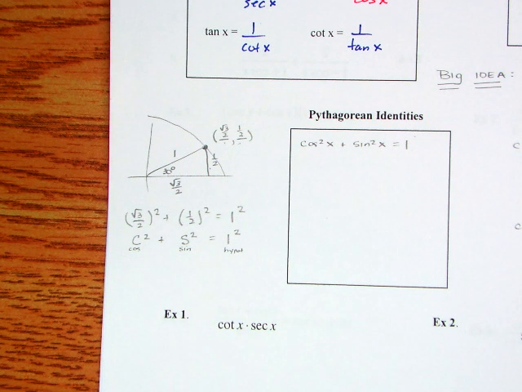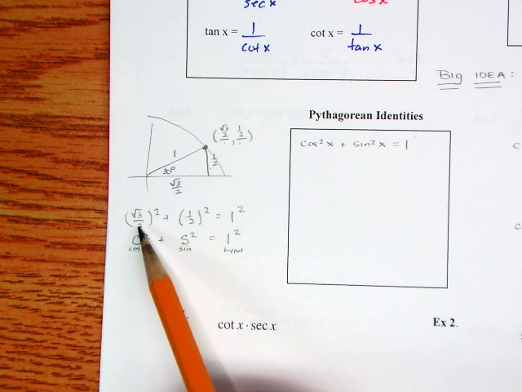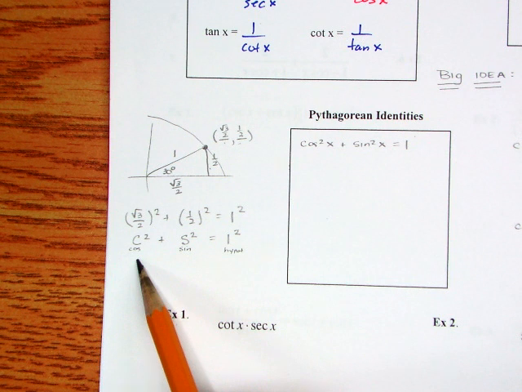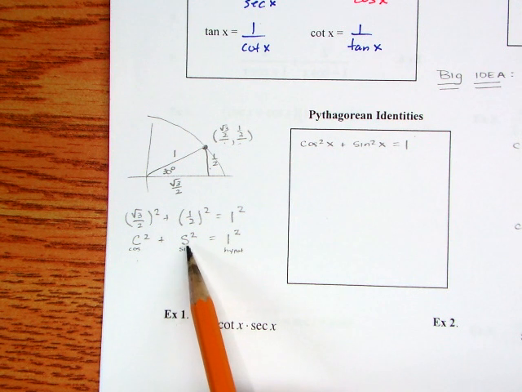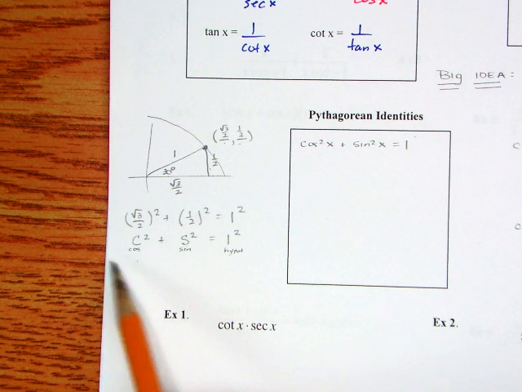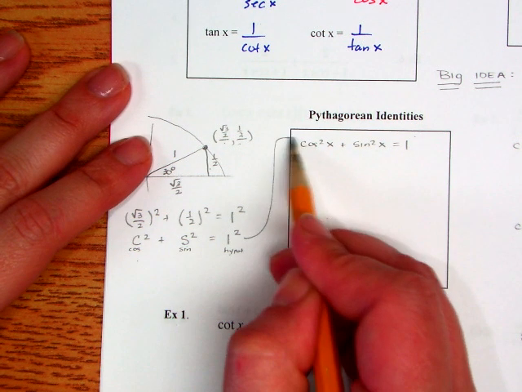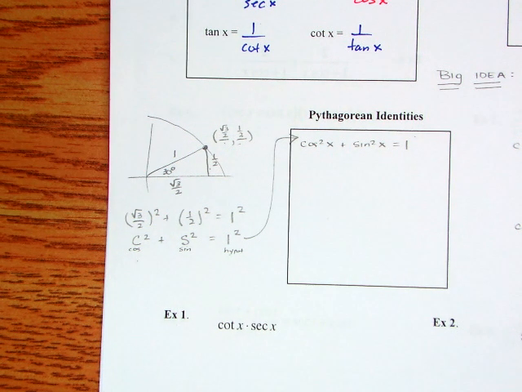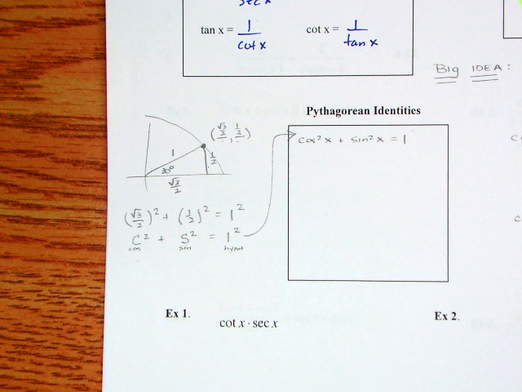If we substitute root 3 over 2 as the x value, that is the cosine squared, 1/2 is the y, which is the sine, and 1 is 1, representing the hypotenuse, we generate our first important Pythagorean identity. It is always true that cosine squared plus sine squared is equal to 1.